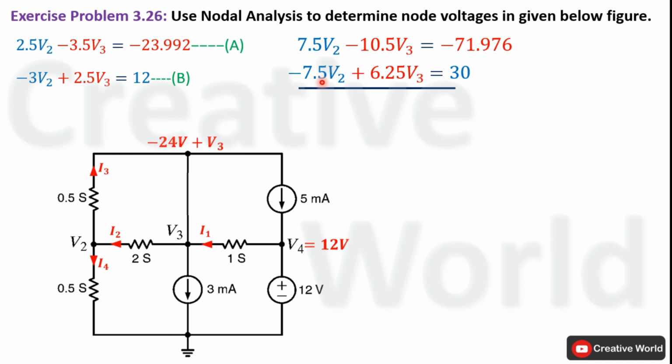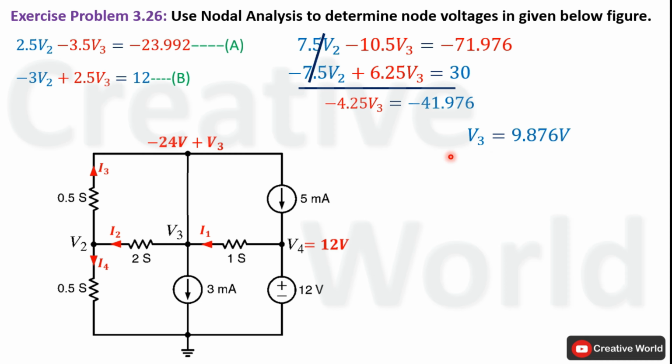Minus 7.5 V2 and plus 7.5 V2 will cancel out each other. Sum of minus 10.5 V3 and 6.25 V3 will become minus 4.25 V3. On the other side of the equal sign, the sum of minus 71.976 and 30 will become minus 41.976.